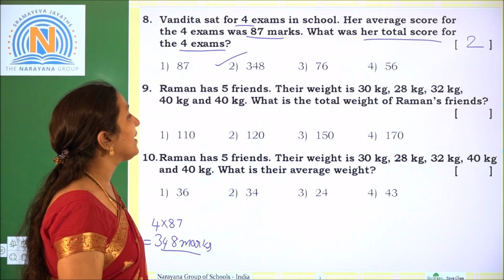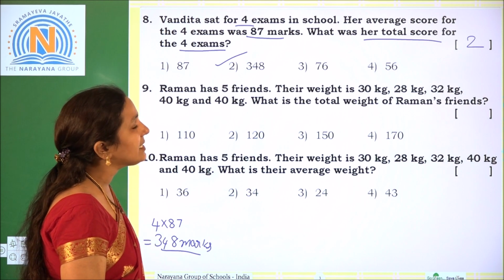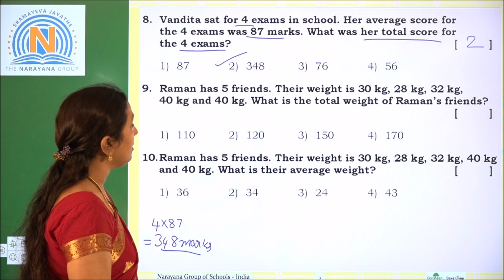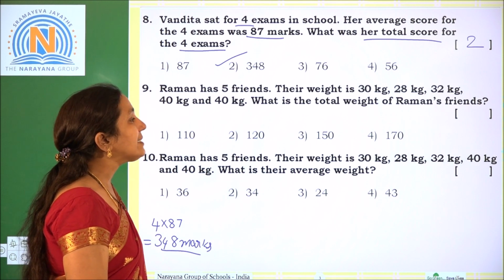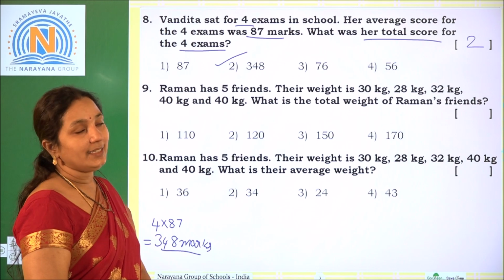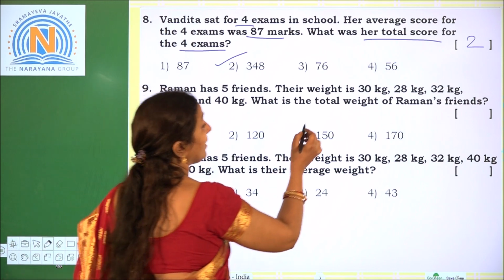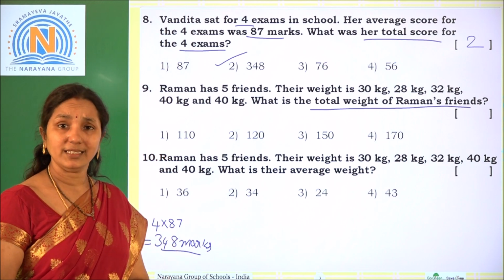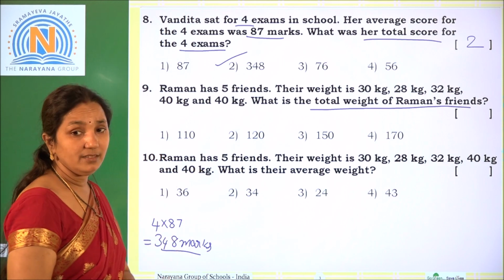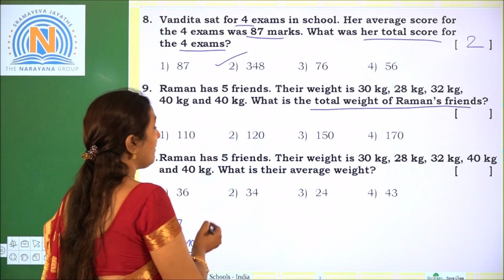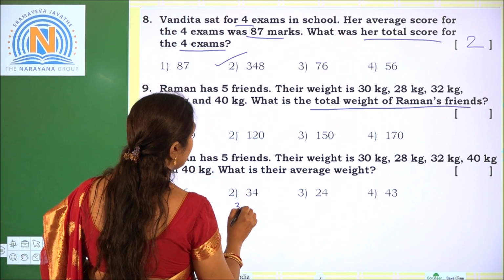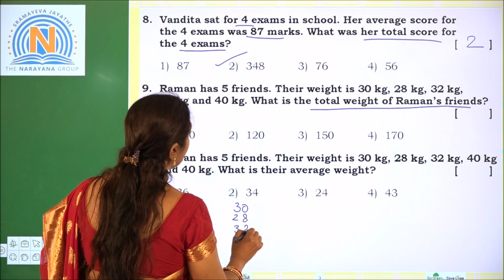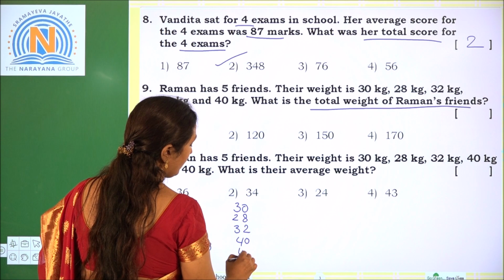Raman has 5 friends. Their weights are 30 kgs, 28 kgs, 32 kgs, 40 kgs and 40 kgs. What is the total weight of Raman's friends? So we have to find the total weight. What do we have to do for that? Just add the given weights. 30 kgs, 28 kgs, 32 kgs, 40 kgs, 40 kgs.